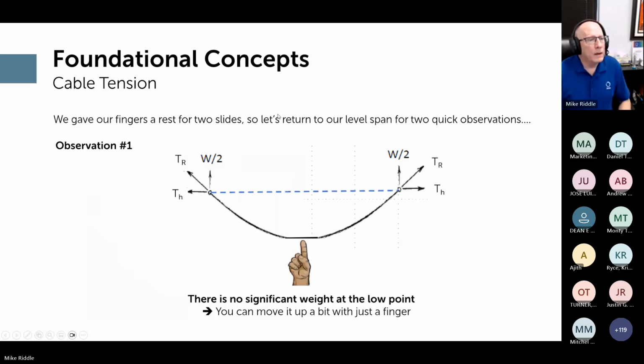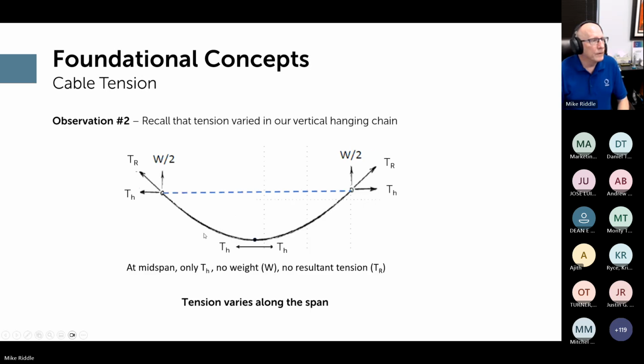So if we go back to the level span, we can make a couple of observations. One is that there is no significant weight at the low point. That's because it's all at the two attachment points. So you could take your finger and push the cable at the low point and move it just a bit. And recall that the tension varied in our vertical hanging chain.